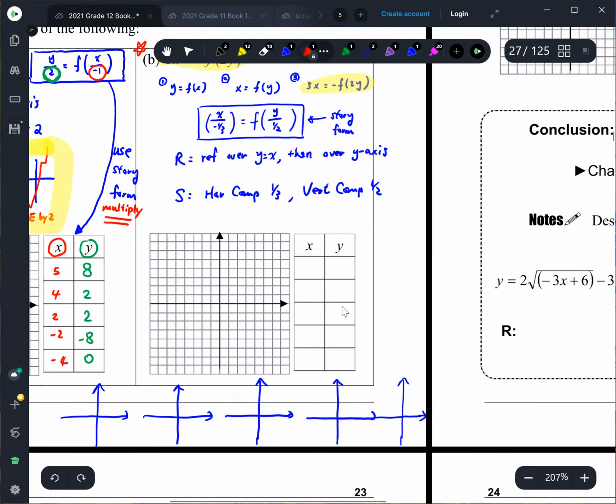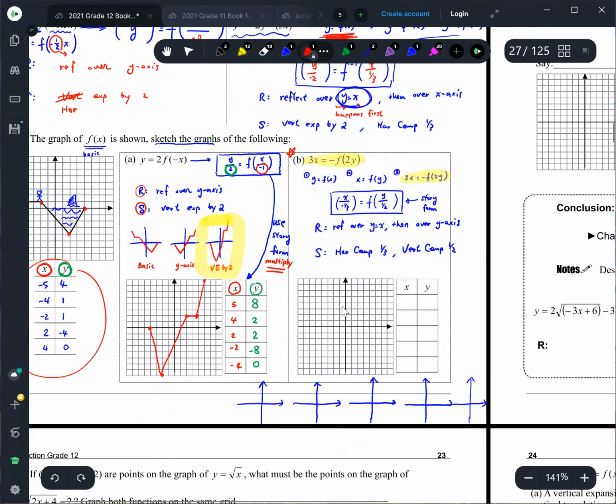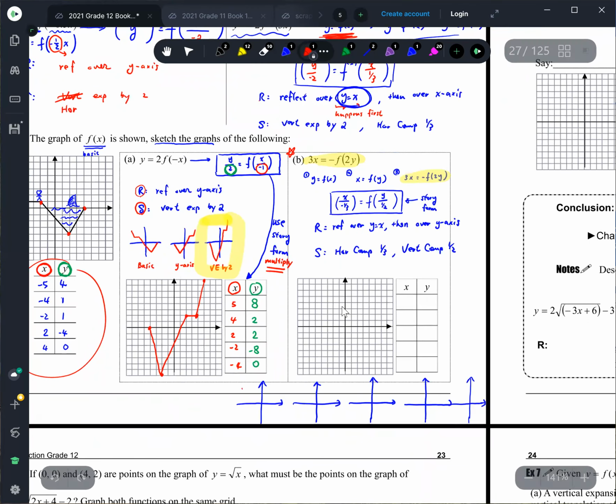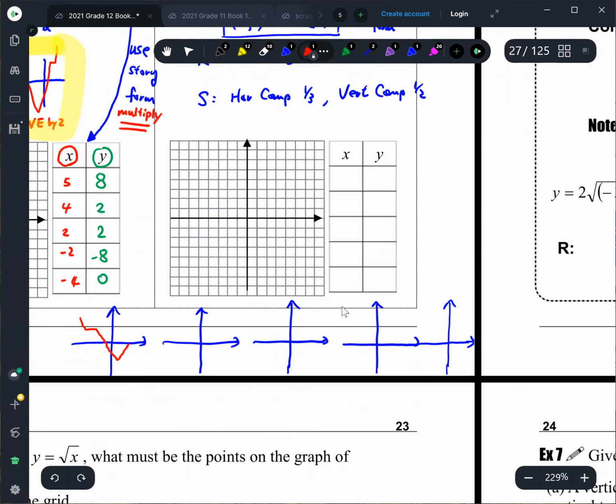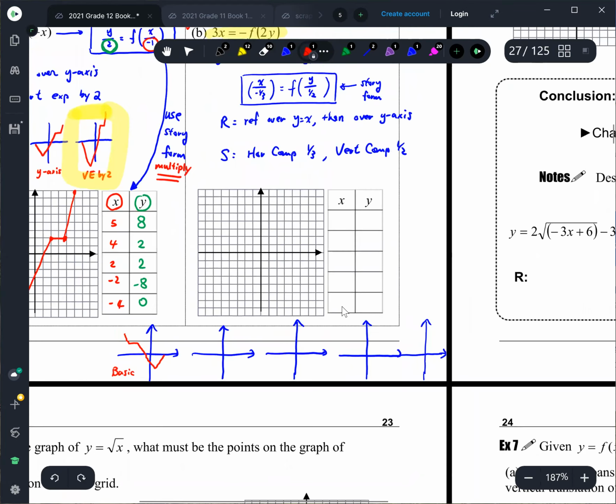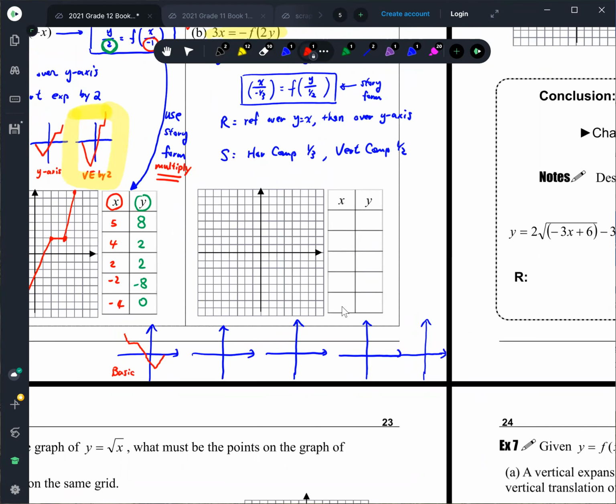Okay, what does our basic look like? Basic looks like this. Okay, this is the basic. Flip over y = x. So you have to flip sideways. This one is a little bit difficult to imagine, okay?